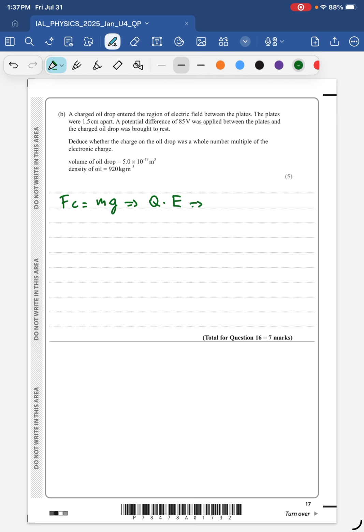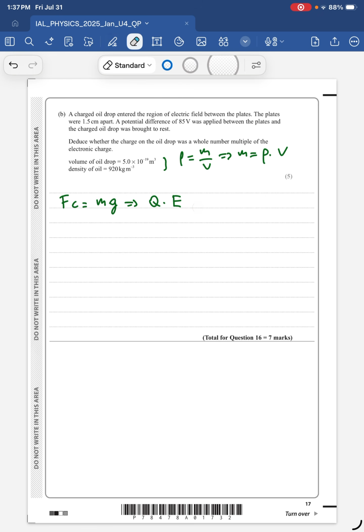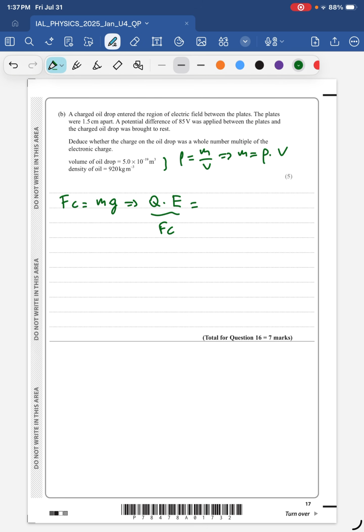And this is going to be equal to m times g, but we are not given the mass, we're given the density and the volume. So rho, the density, is m over V. So the mass of the droplet is its density times the volume, right? So Q times E, which is F Coulomb, is equal to rho times V times g. Now what is E in this arrangement?